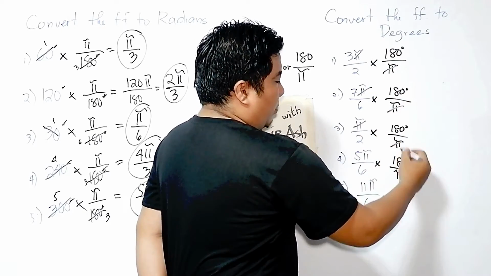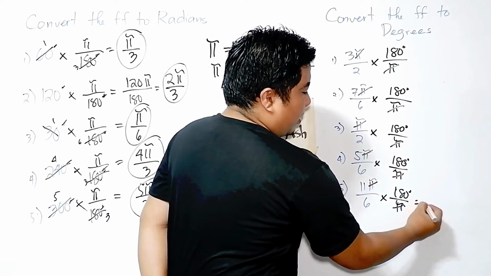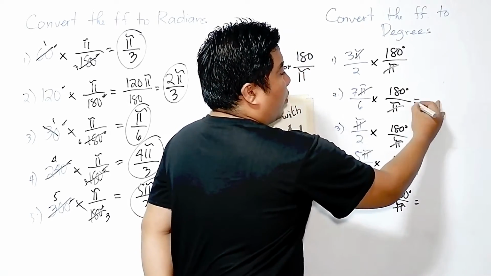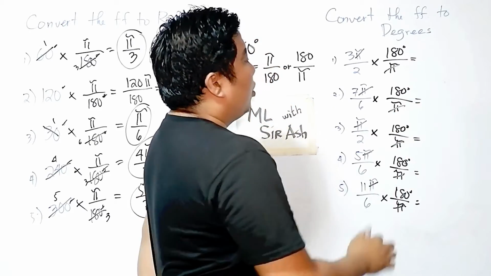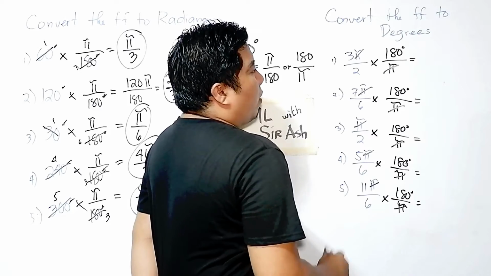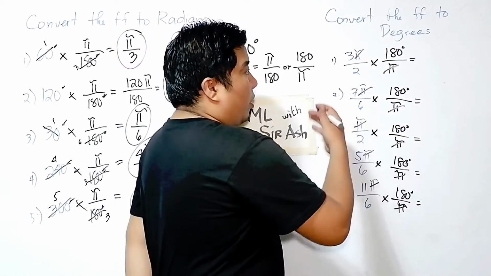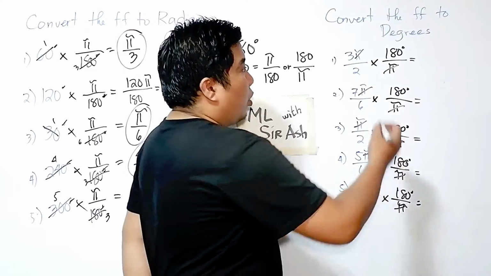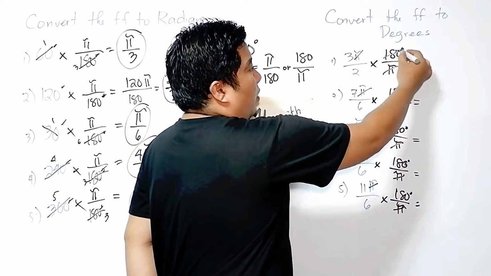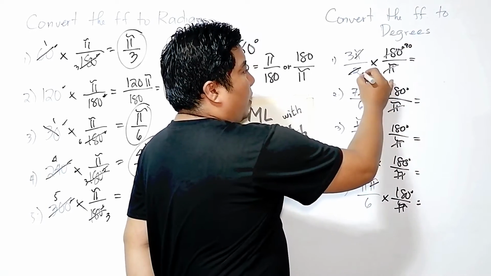All of our pi's will be cancelled, leaving us the value for our number. So, that is 3 times 180 divided by 2. Now, as you can see, my dear math learners, I could use the cancellation here for easy multiplication. So, 180 divided by 2, I could have 90. And this will be 1.